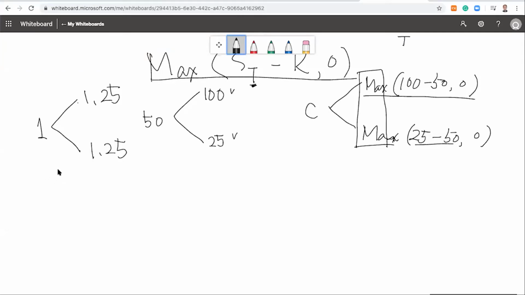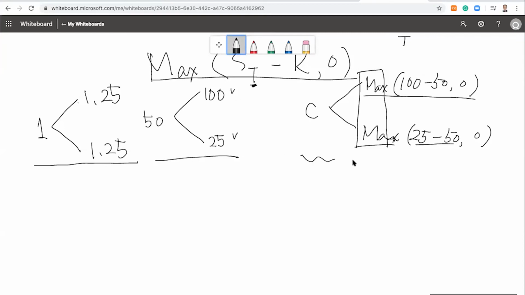So we already know how to price these things. This is the first game, and this is our second game. And this is the third game we are interested in. For this game, we want to find the value of the C using, say, replication or Arrow-Debreu securities or risk-neutral valuation.